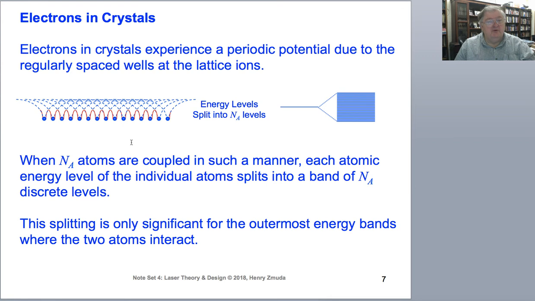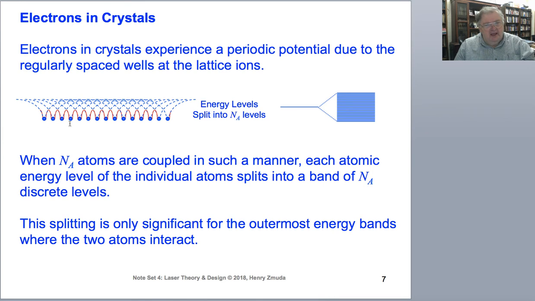Because the crystal is a nucleus surrounded by electrons, and we're going to talk for this particular topic about the simplest kind of structure. Really, crystals are 3-dimensional structures, and that starts to get complicated. But the simplest thing I could talk about is a 1-dimensional crystal, just a linear array of atoms.